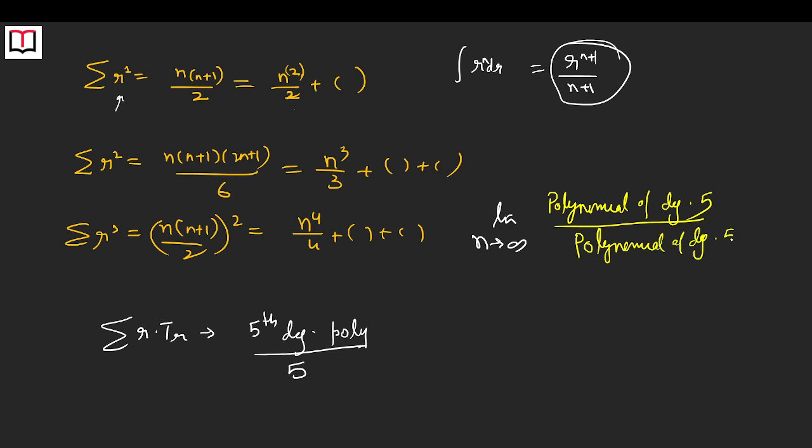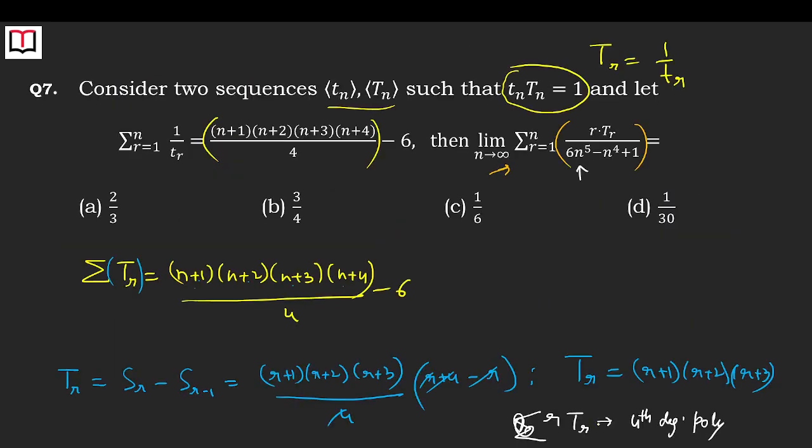So the answer is directly the leading coefficient of numerator, which is 1 by 5, over the leading coefficient of denominator, which is 6. So its answer is simply 1 by 30 without any further calculation. So once you have the Rth term TR, capital TR, okay, I believe we don't need any calculation to get the answer.